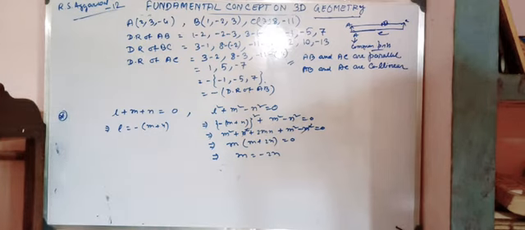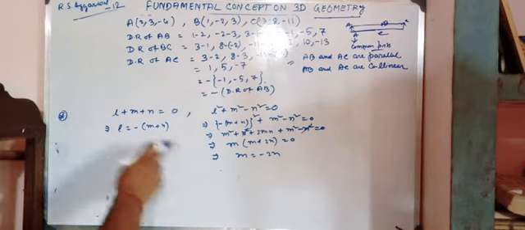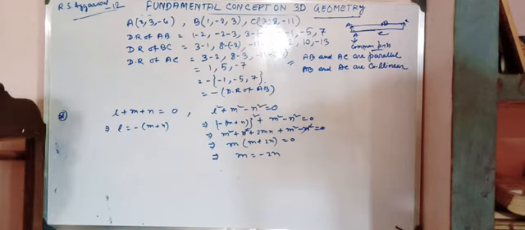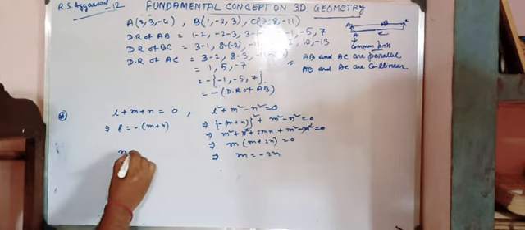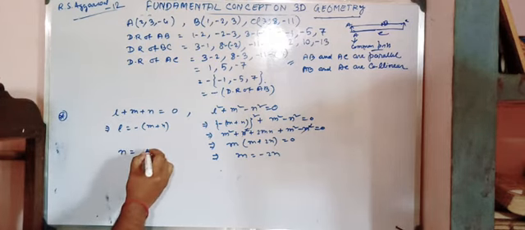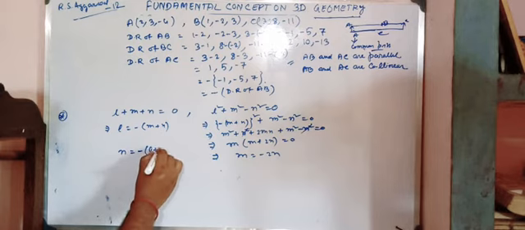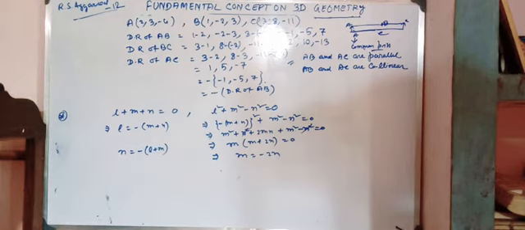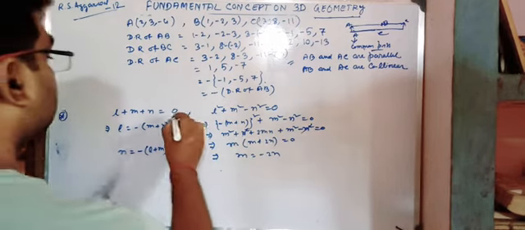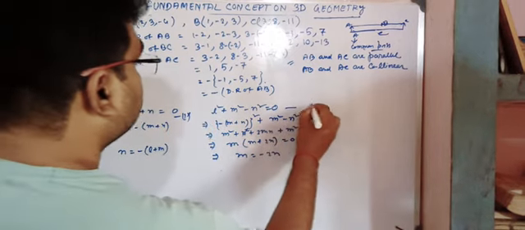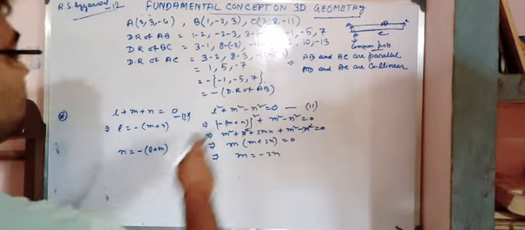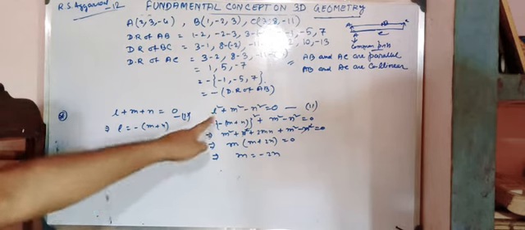Next, again, we are taking n = -(l + m) from relation number 1. This is relation number 1, and this is relation number 2. From relation number 2, we put in this value over here.